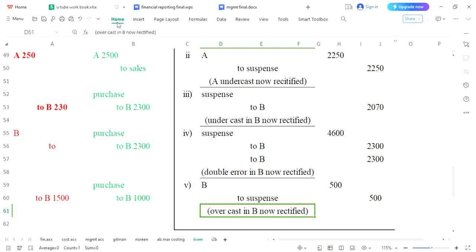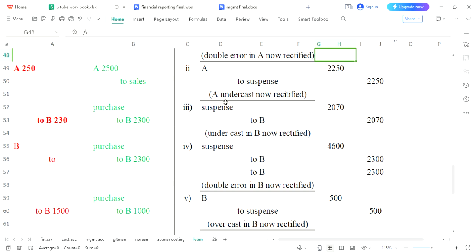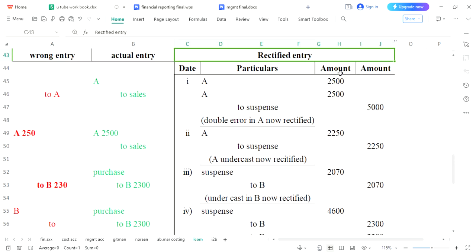Once again I'm telling you that in overcast, look here, we have written the difference 1500 minus 1000, 500. Here undercast, difference 2300 minus 230, the difference 2070 is written over here. Again you can see it is undercast. In undercast we have written the difference 2500 minus 250, 2250. Alright guys, in this way our question has been completed.